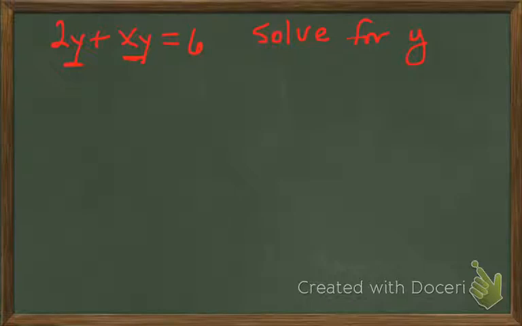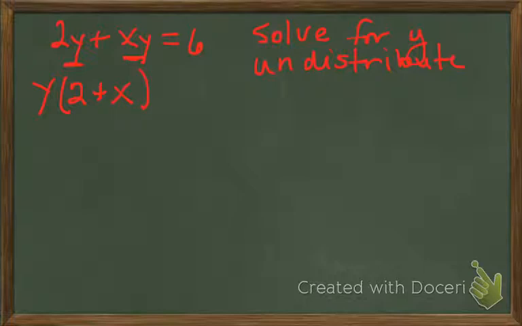Think about it like undistributing. You know what it means to distribute. We're going to do the opposite. So if I take a y out or divide, 2y divided by y leaves 2, and xy divided by y leaves x.